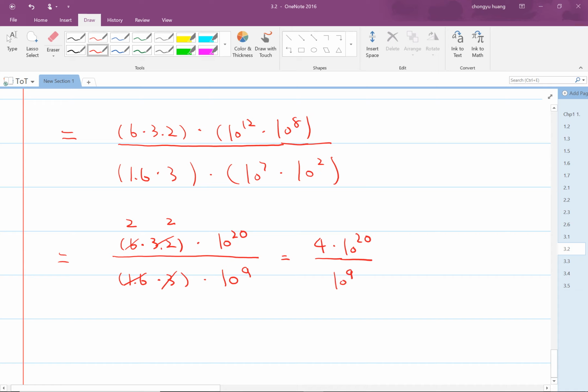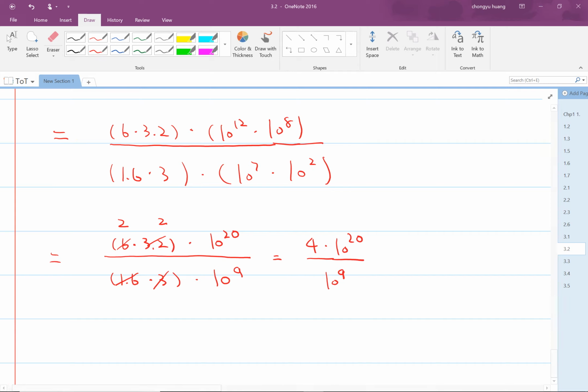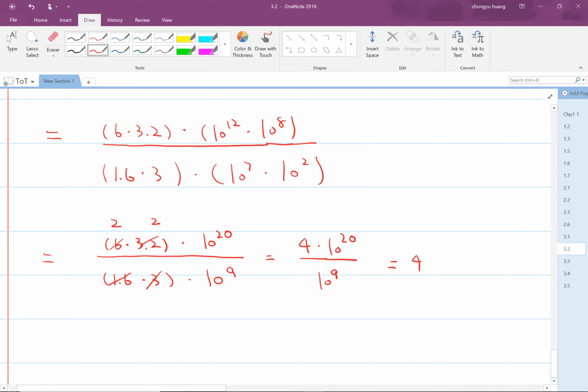Now you should be able to see it, it's actually 4 multiplied by 10 to the power 11. The 4 is still going to be 4, and then 10 to the power 20 over 10 to the power 9 is equal to 10 to the power 20 minus 9, and 20 minus 9 is 11, right? So that's the detail.